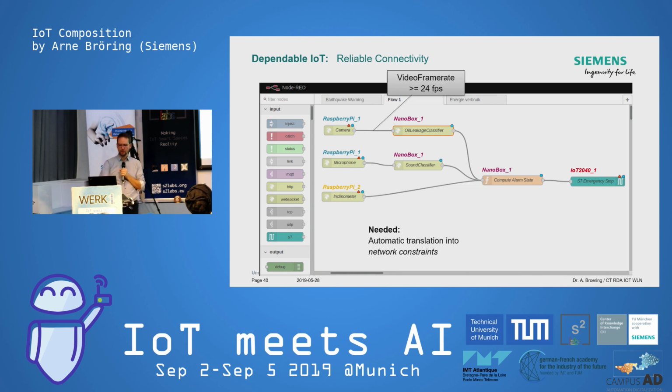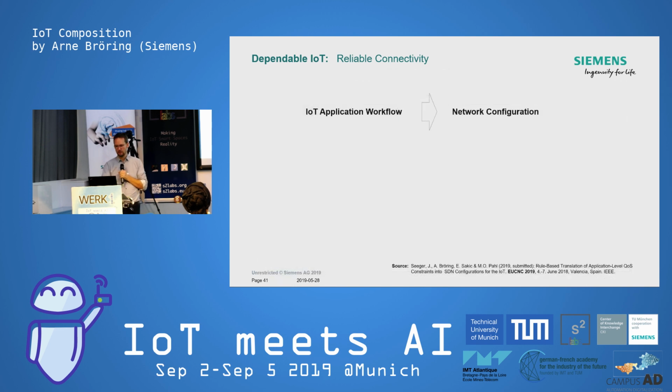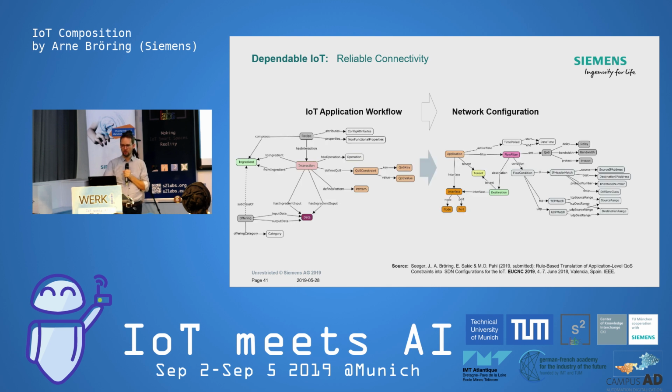What we need now, and what we addressed in a research project, is an automatic translation from these high-level quality of service constraints from an application point of view that are relevant for an IoT developer into very specific network constraints. We did that again with semantic web technology. We built two models, one for the IoT application flow that you see on the left, and one for the network configuration.